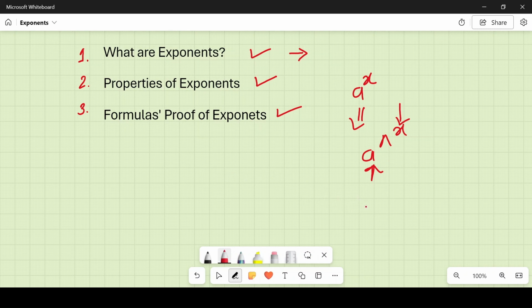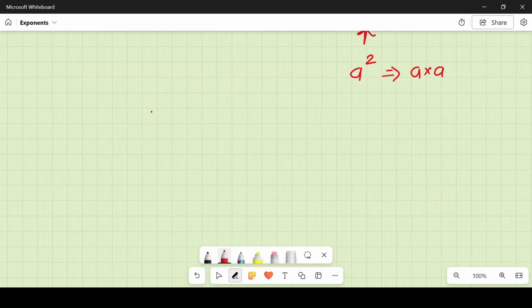Suppose I have a and I raise the power of a by 2. What does it mean? That a is going to multiply itself 2 times. Let's see an example of exponents. Suppose 2 is a base and 3 is its exponent.